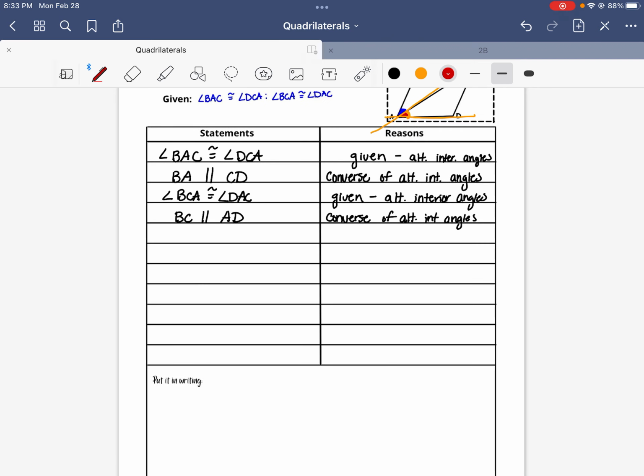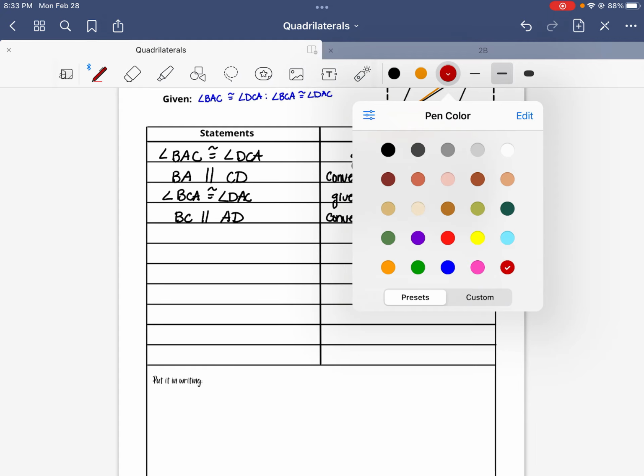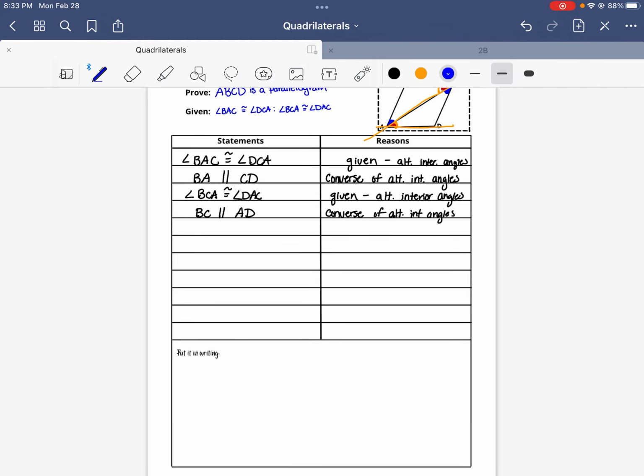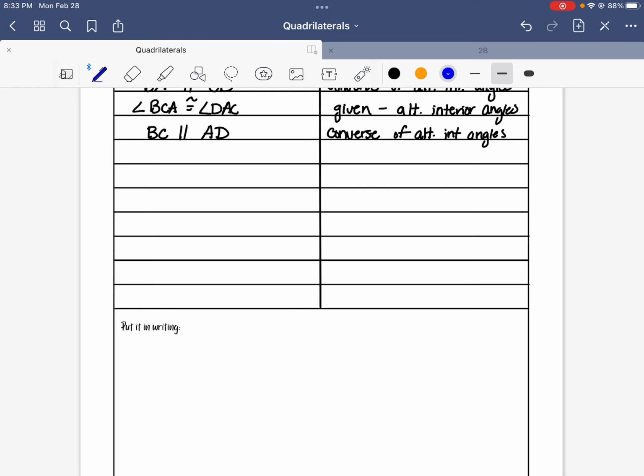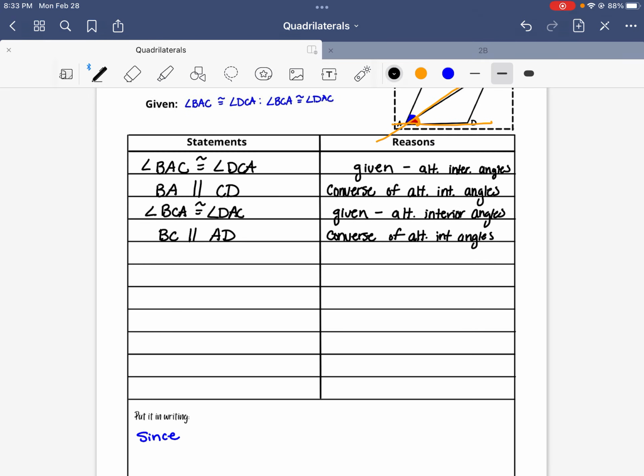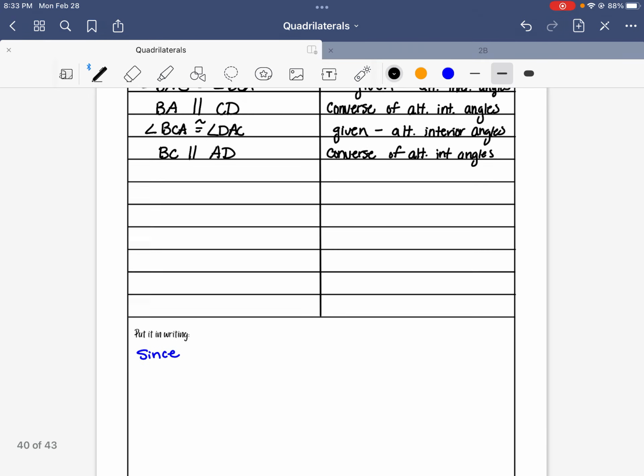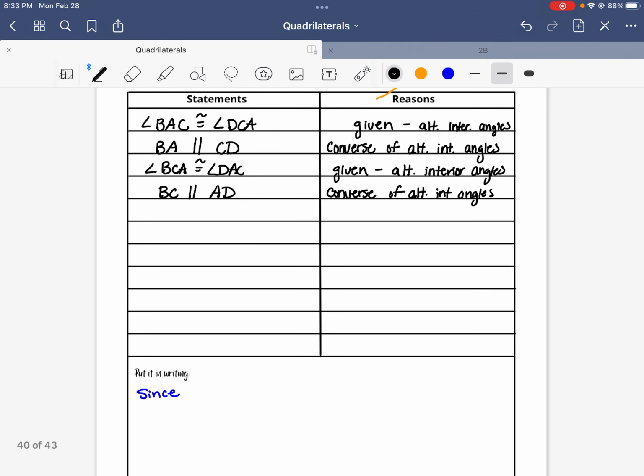So I'm going to go ahead and write my statements. Again, I'm going to try using a blue for sentence frame. So I'm going to write since, and I'm actually going to connect some of these so I can write a little less. So since, I'm going to write my givens, which is this one and this one.